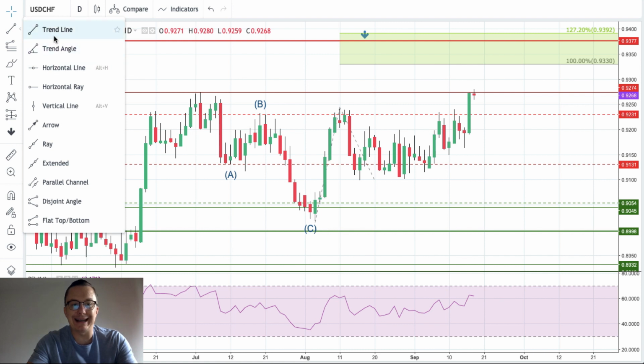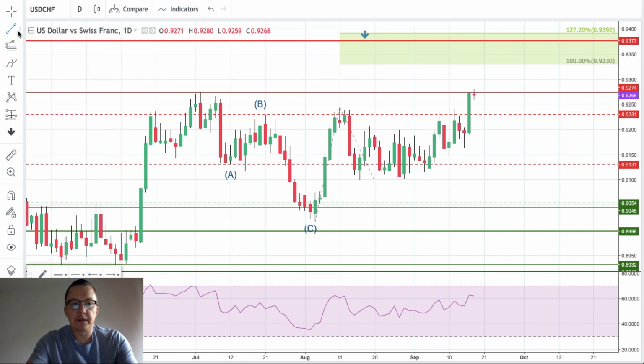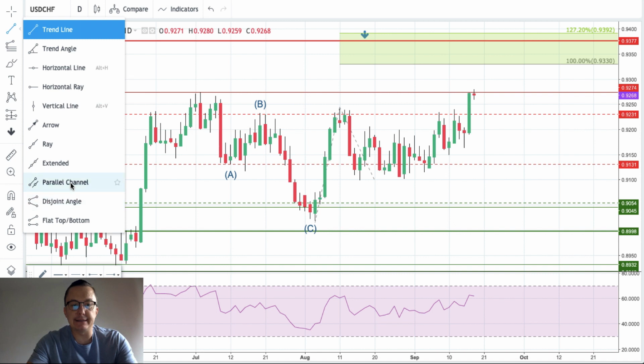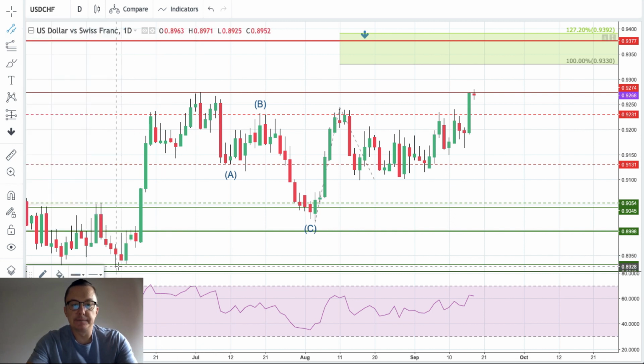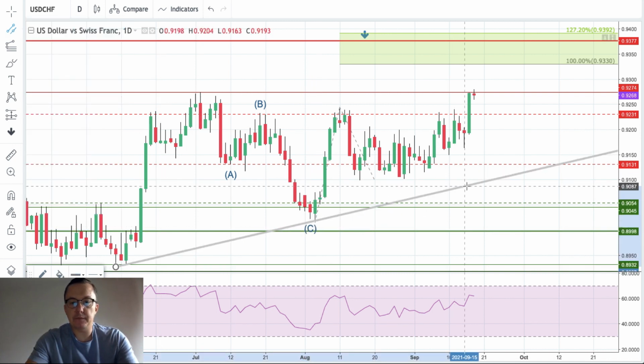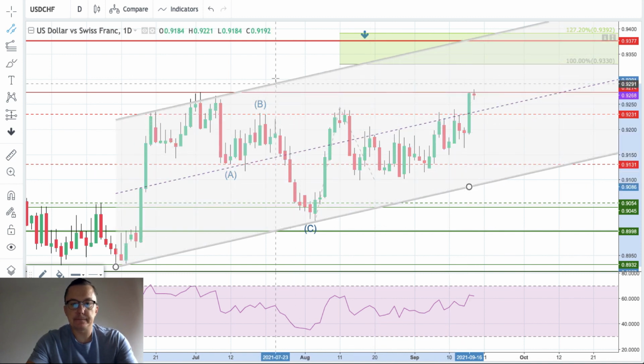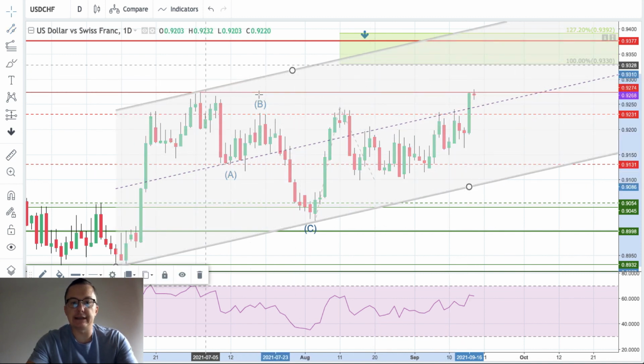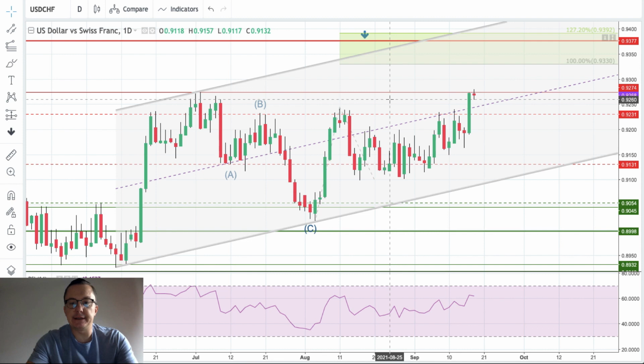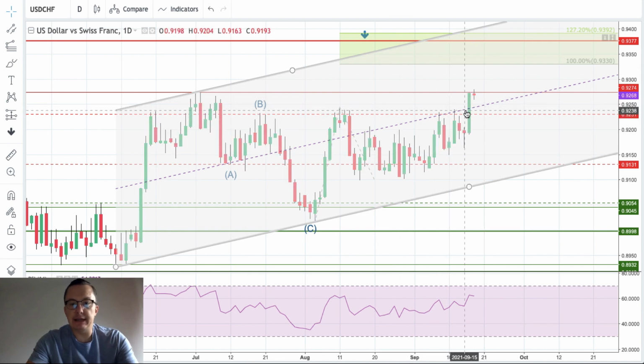One more thing we can add here to our analysis is a parallel channel, and I would do it this way, something like that. As you can see, we are trading above the middle line.